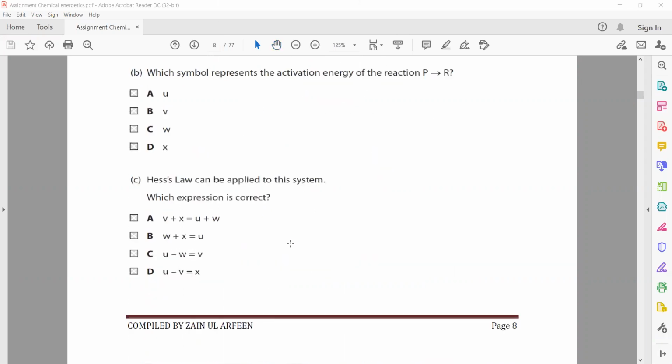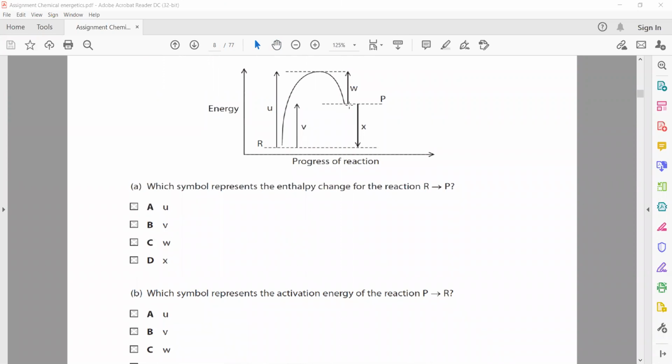The second option, W plus X is equal to U. When you add W with X, that is equal to U. That's also wrong. Why is it wrong? Because W is pointing up, X is pointing down, and the sum cannot be equal to U, because one of the values will be positive and the other value will be negative.